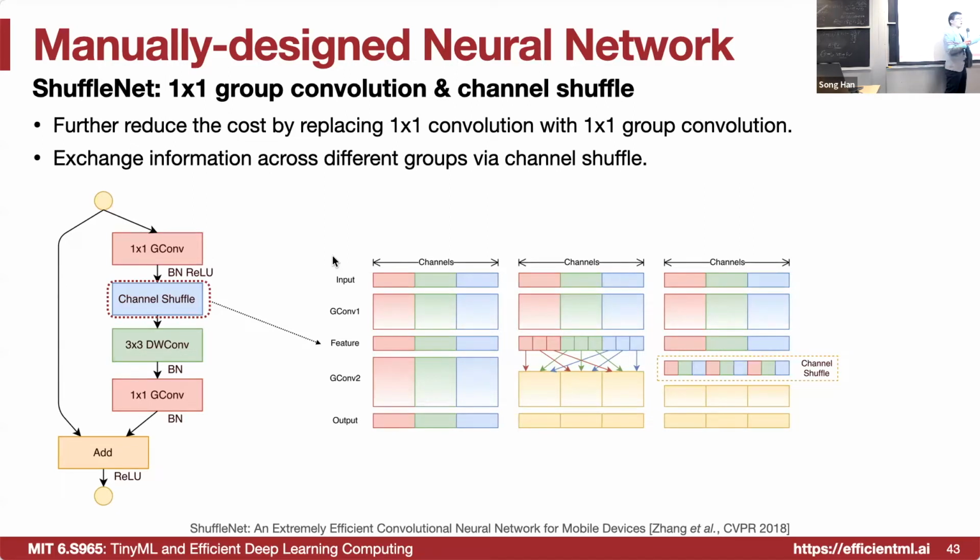So this is the shuffled information. Similarly, for group 2, 1/3 comes from the first group, 1/3 from the second group, and the last third from the last group. So in this way, the final output depends on all the input channels, all the groups, rather than only the first group in this case.